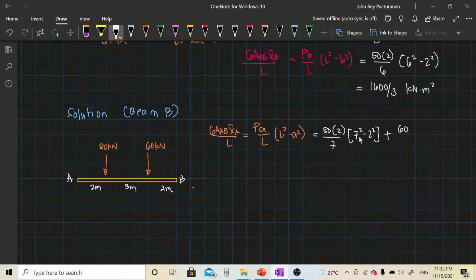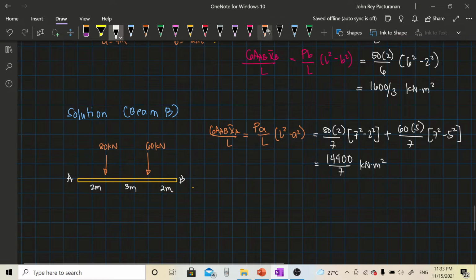Its distance from point A is 5 meter divided by 7, then 7 squared minus 5 squared. So, ang sagot natin dito when you compute this using your calculator is 14,400 over 7 kilonewton meter squared.